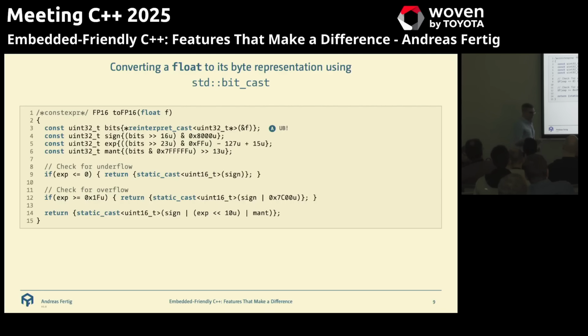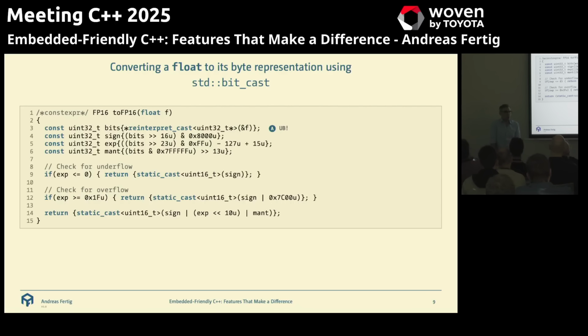The major trouble starts in the first line here in A. The task is I get my float, a real float, like it's baked into the language, and I want to grab its underlying bit representation.